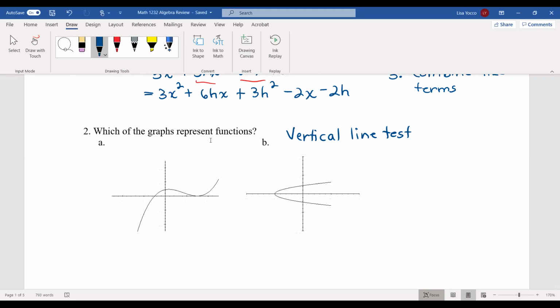So for part A, if you can find a vertical line there, you need to let me know where it is, but because there's not one. There's no vertical line that would ever cross the graph in more than one point. Therefore, this one is a function.